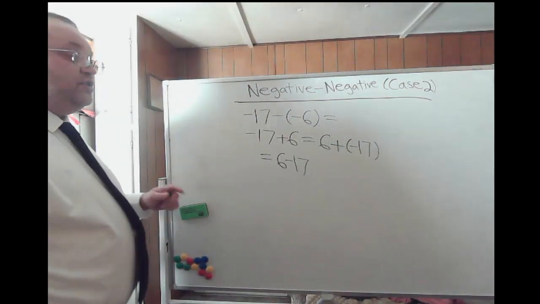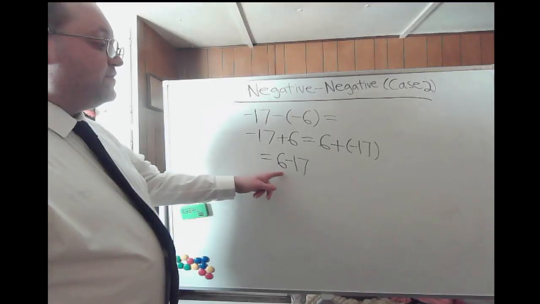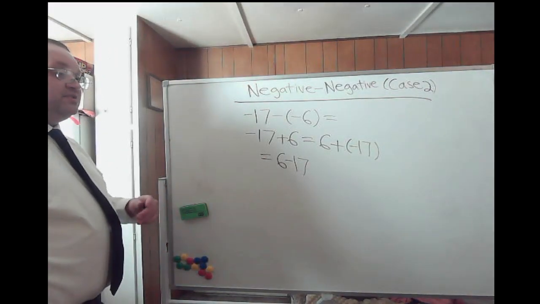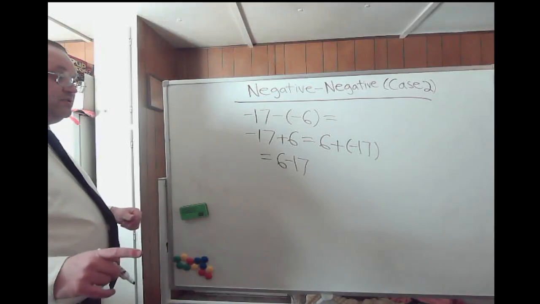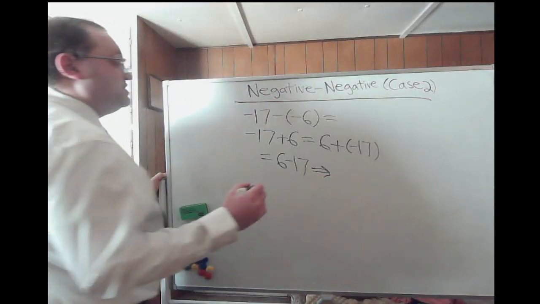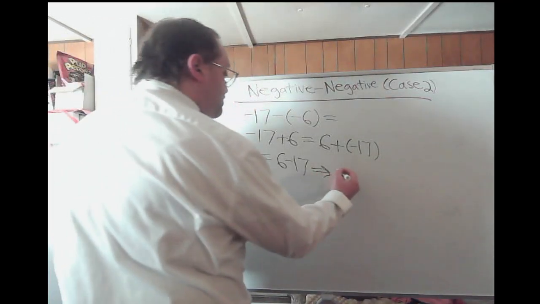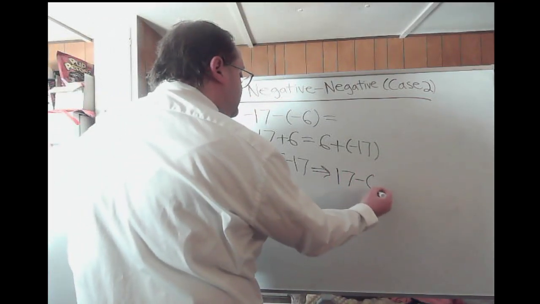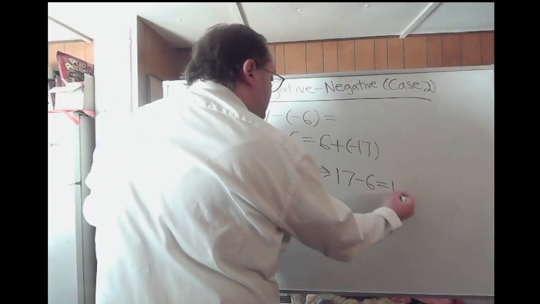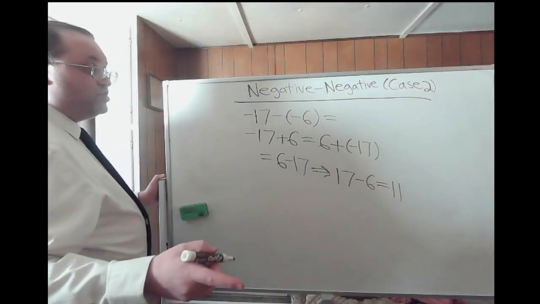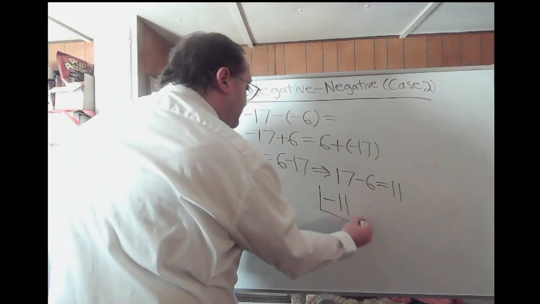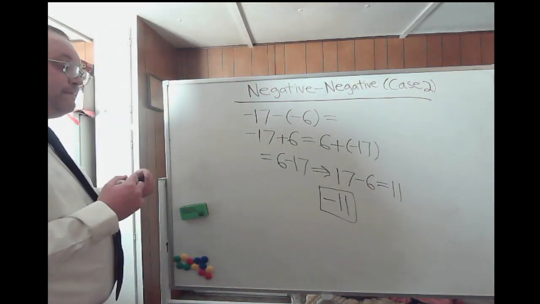Again, reviewing what we talked about earlier in the lesson, whenever the first number in a subtraction problem is less than the second number, you're going to get a negative result. So what you can temporarily do, like we did in case 2 of positive minus positive, is switch these numbers around and do 17 minus 6, which turns out to be 11. But since we determined the solution is going to be negative, you just slap a negative in front of that 11, and you'll get negative 11 for your answer.